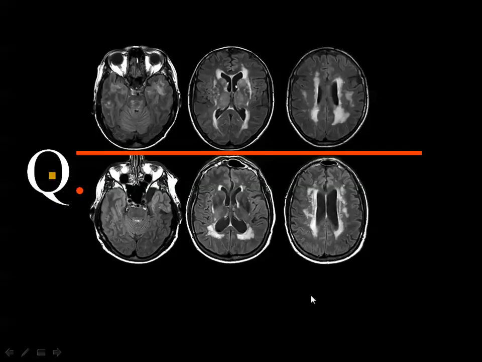These are FLAIR images, and the signal abnormalities do not exert significant mass effect, which is diagnostic of... Yes, this is subcortical arteriosclerotic encephalopathy in this patient, and this one, if you look carefully, you see the temporal lobes are affected in this patient, they are not affected in this patient.